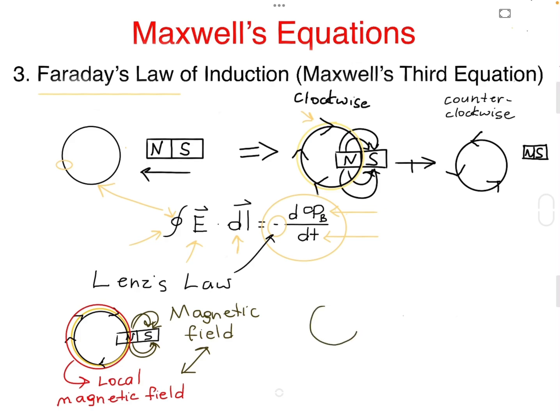That's what Lenz's law is trying to say. Basically, when we try to bring the magnet toward the loop, and you can do it by experiment also, you will feel a slight push as you take the magnet inside the loop.